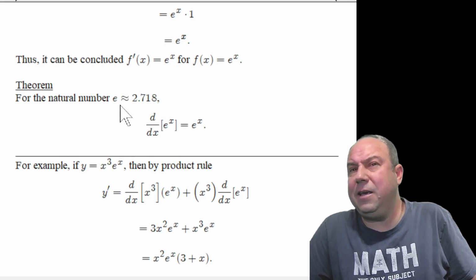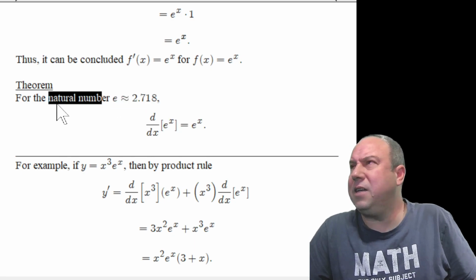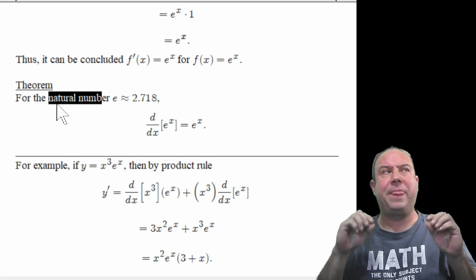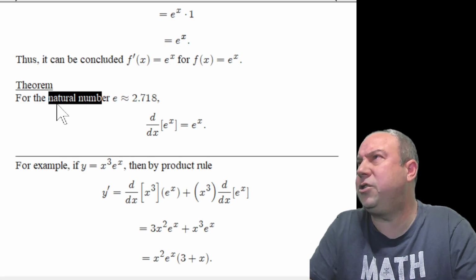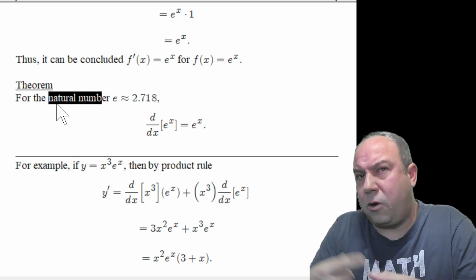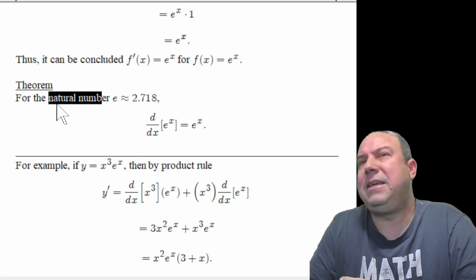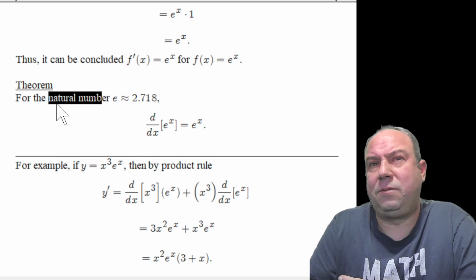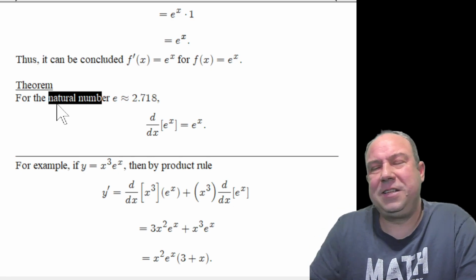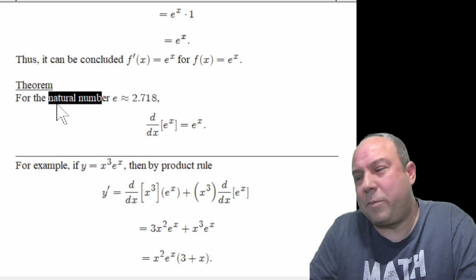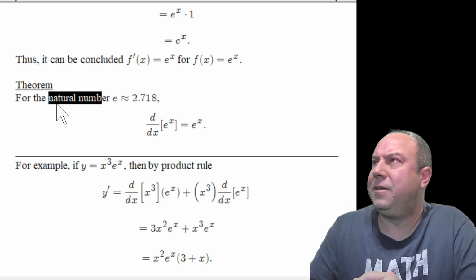And e becomes known as the natural number because it represents, in a sense, the case where the instantaneous rate of change in our function occurring naturally would be occurring at a rate described by e to the x, the natural number. We're going to talk about that when we start to get into some of the application.